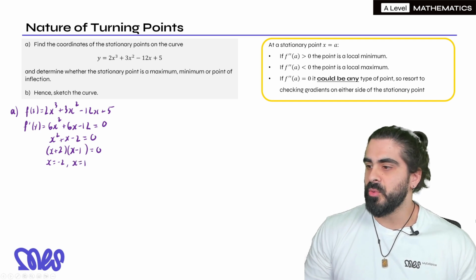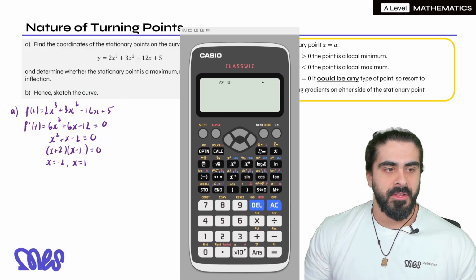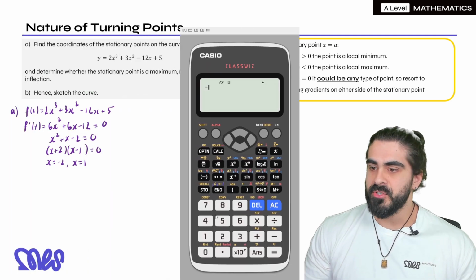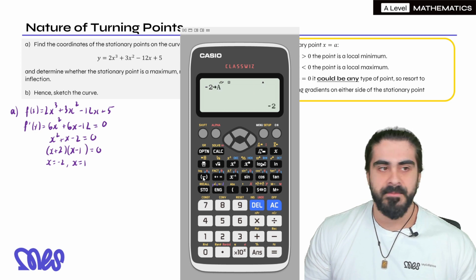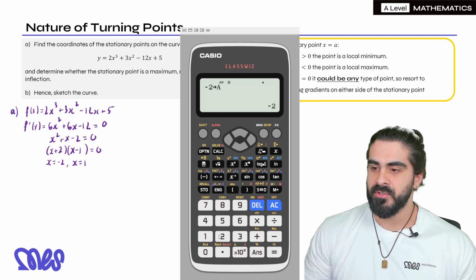Now since they want the coordinates, we can use our calculator to do this really quickly. Now the best way to do these is to store our values. So minus 2, store it as a. Then we'll sub into f of x. So 2a cubed plus 3a squared minus 12a plus 5.